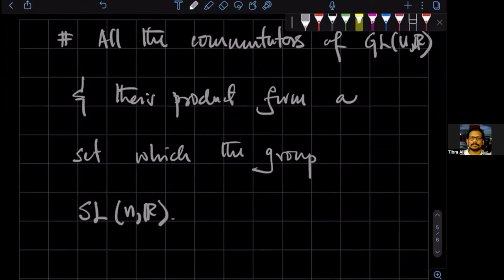Okay, so this is an alternative way of defining SLNR.